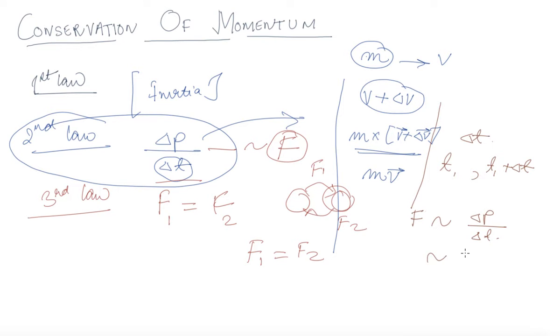Now this implies m del v upon del t. This is the rate of change of v with respect to time t. Now if you take the limit where del t tends to 0, then del v upon del t, that is the small change.